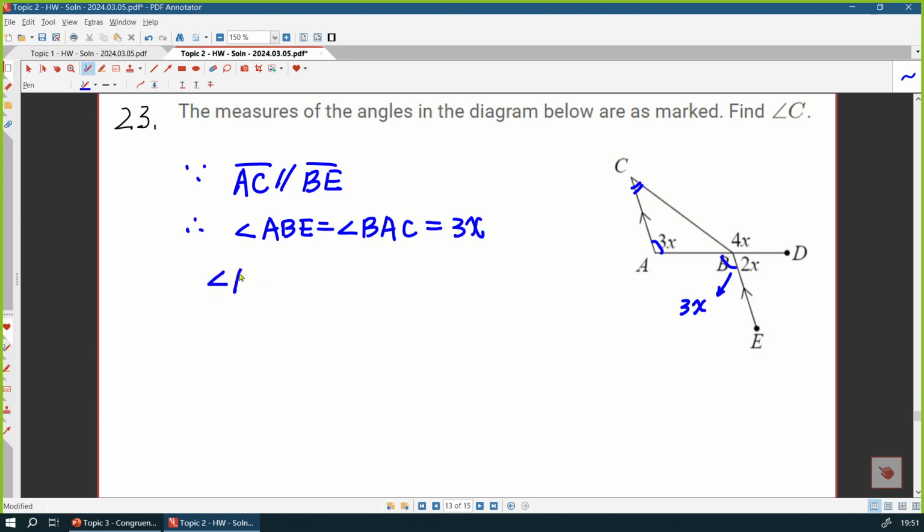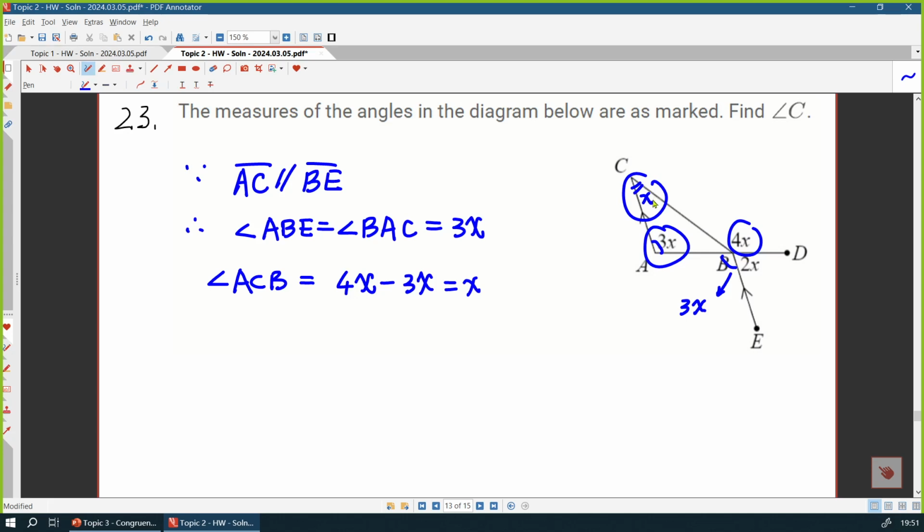And angle ACB then equals 4x minus 3x, which is x, right? This is x because this is the exterior angle of these two angles.